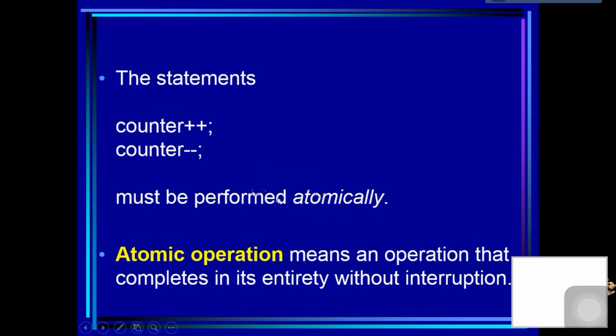Although the producer and the consumer routines shown above are correct separately, they may not function correctly when executed concurrently. As an illustration, suppose that the value of the variable counter is currently 5, and that the producer and the consumer processes concurrently execute the statements counter plus plus and counter minus minus.